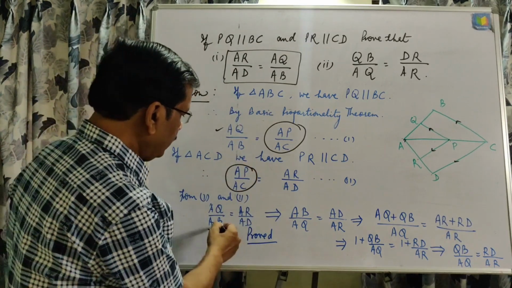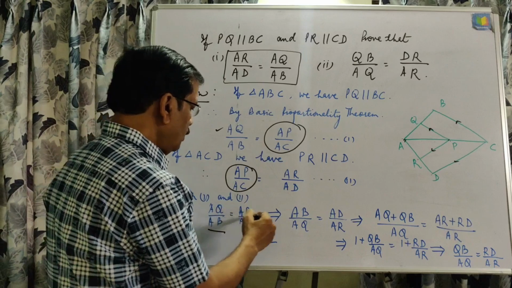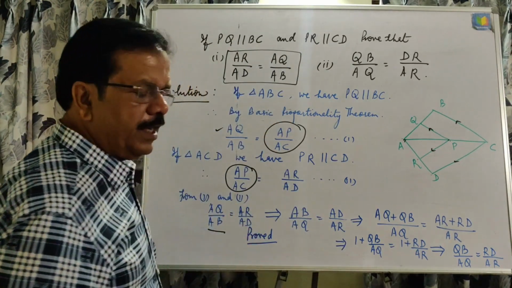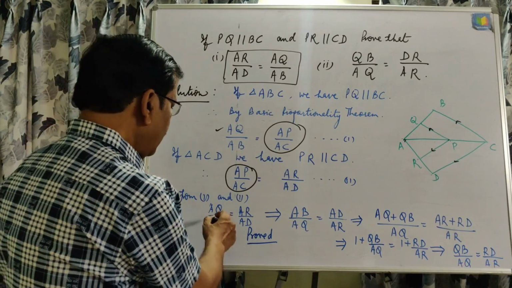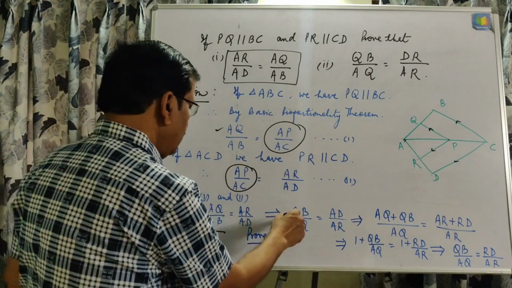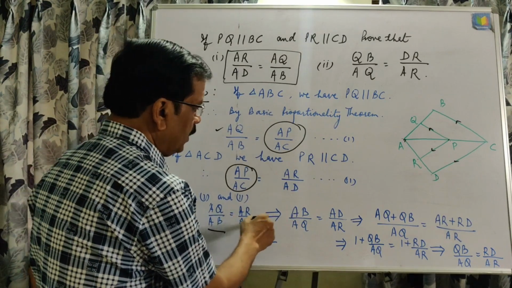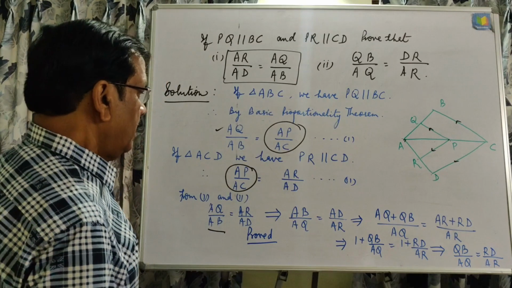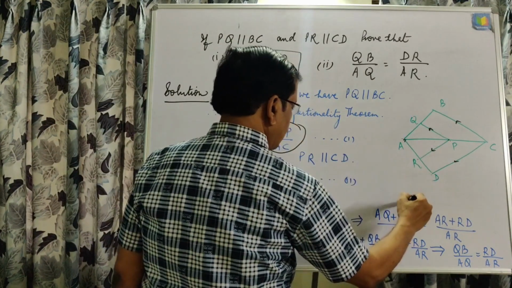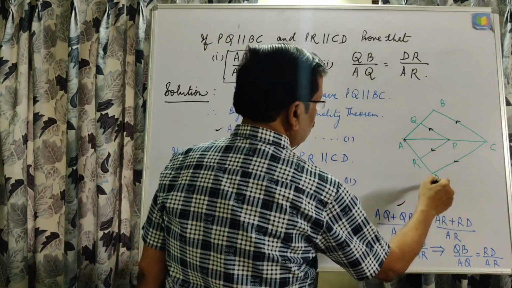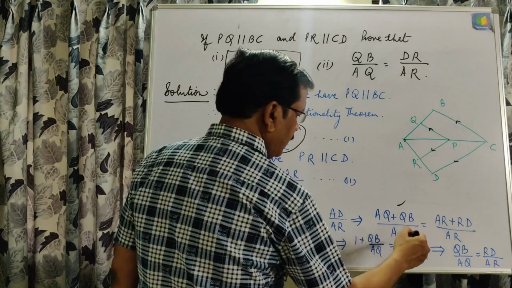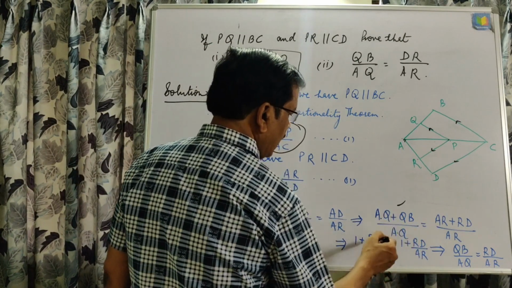Now following the same way, AQ upon AB is equal to AR upon AD. We can write it in this way, conversely: AB upon AQ is equal to AD upon AR, but AB is equal to AQ plus QB and AD is equal to AR plus RD. After writing this we can see this will be cancelled.